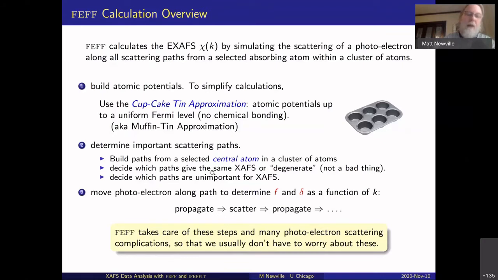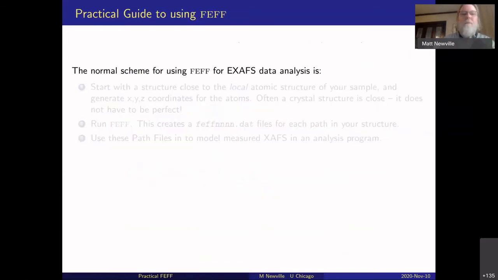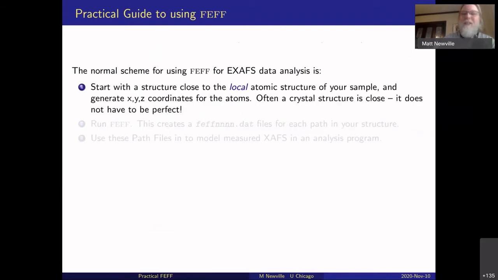That will be done by moving the photoelectron out of the atom through this interstitial part between the atoms, and then scattering. So it's propagate out of the atom, scatter, propagate again, and that can be done to multiple atom steps. So you can go from this atom to this atom, up here and then back. You can do all of those. We won't worry about the details of that. The calculation does that. In fact, most of that part you don't have to worry about at all. I'm just telling you what it does, not what you have to worry about.